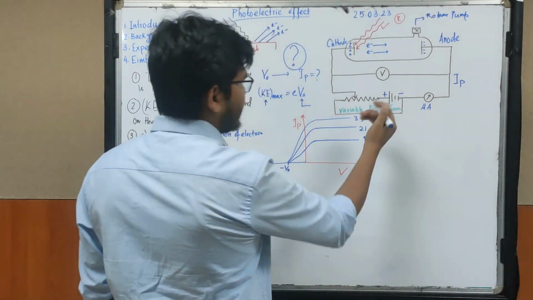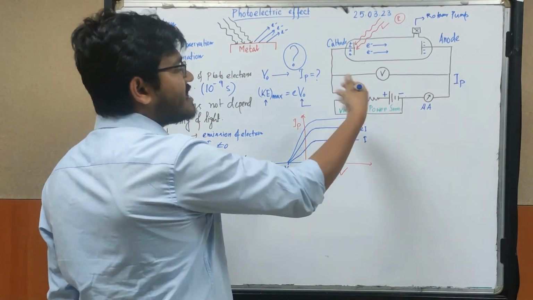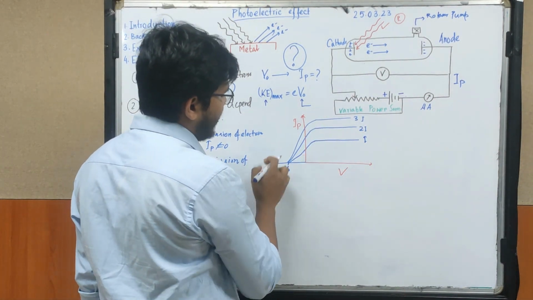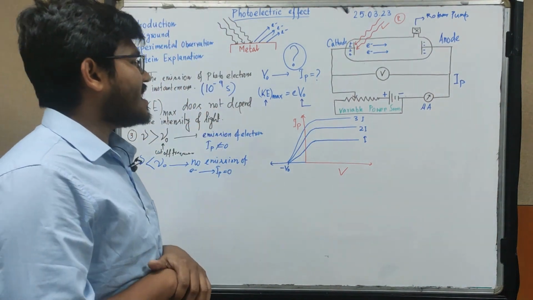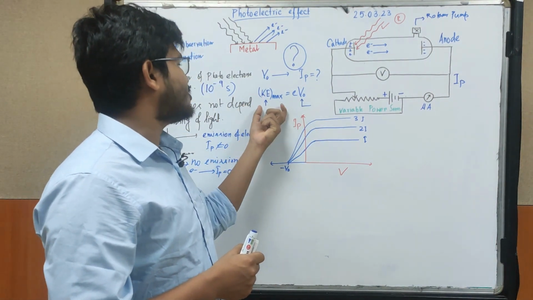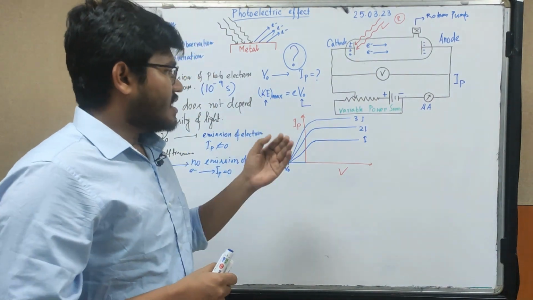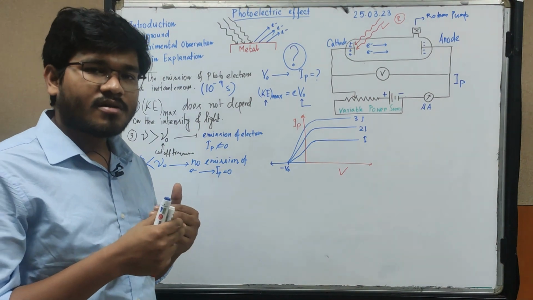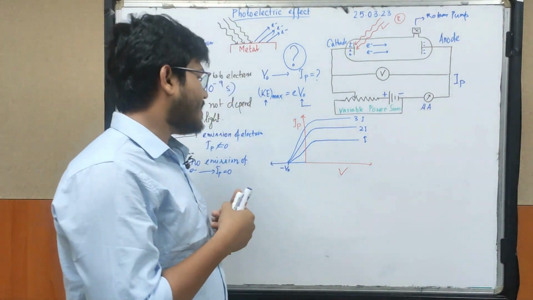So if you are increasing the intensity of light, you can find the photocurrent maxima is increasing with the intensity of light, but the current will be 0 for the same stopping potential. It is because though the intensity of light is more, the energy of the emitted electrons will still be the same, because intensity means something which I will come to later when I explain the quantum theory of light.